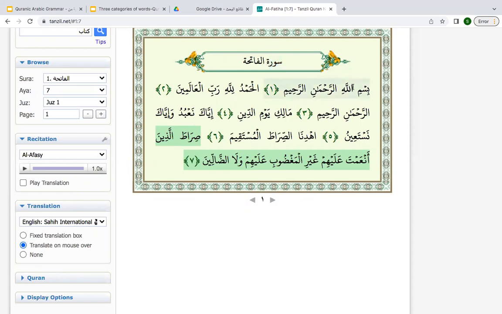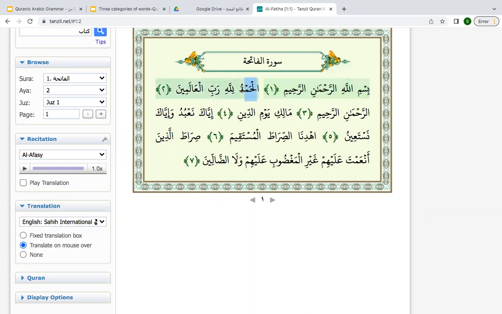Allah, Lafzul Jalala. What's the gender? Good job. Ar-Rahman. Ar-Rahim. You can just type M for masculine.